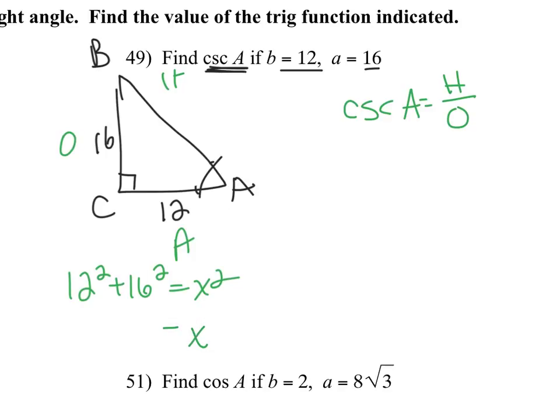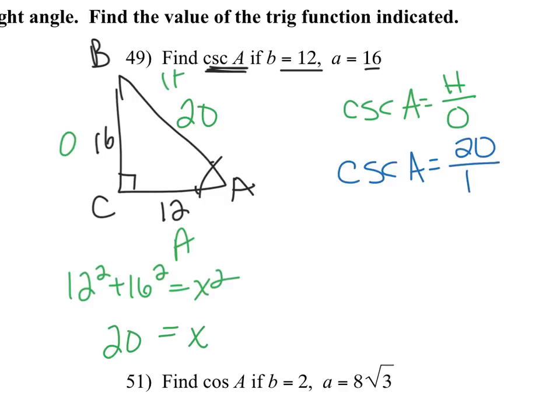Doing the math, it turns out x is 20. So then cosecant of A is hypotenuse over opposite. They want us to reduce this. 4 goes into both of those, so 5 over 4.